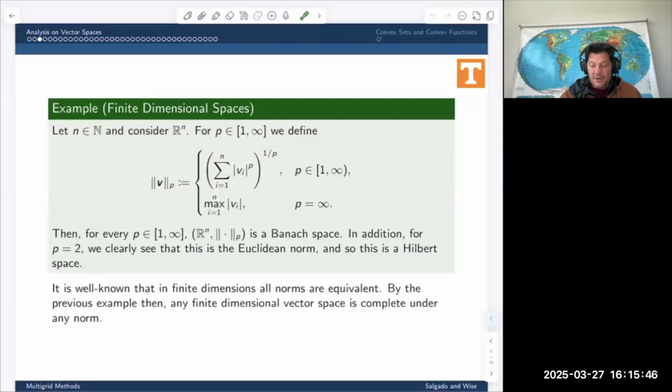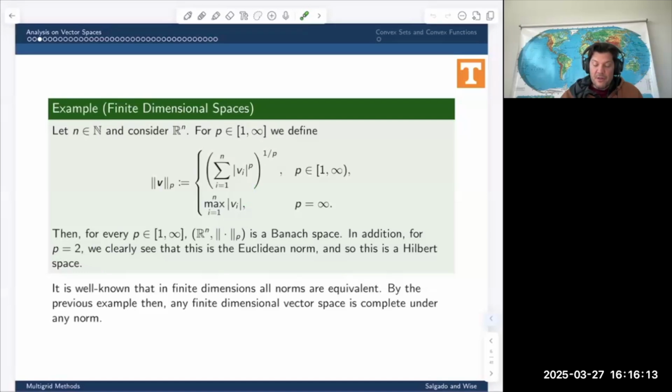And so the common ones are the 1 norm and the 2 norm, and not so common are things like the 3 and the 4 norm, etc. But if p is equal to infinity, then we're going to take the maximum in absolute value of vi. And well, how is this related to this? Because we've given it the same symbol.